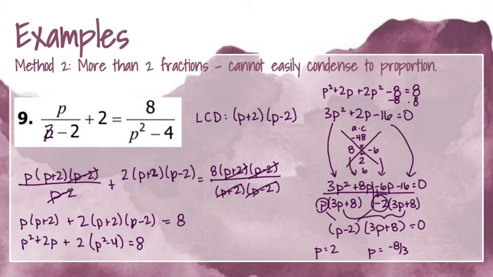So 2 is an extraneous solution. And if we plug negative 8/3 in, it does not give us 0 in either denominator. So this one is good. So only p equals negative 8/3 is our answer. And if both of those were extraneous, then it would just be no solution.